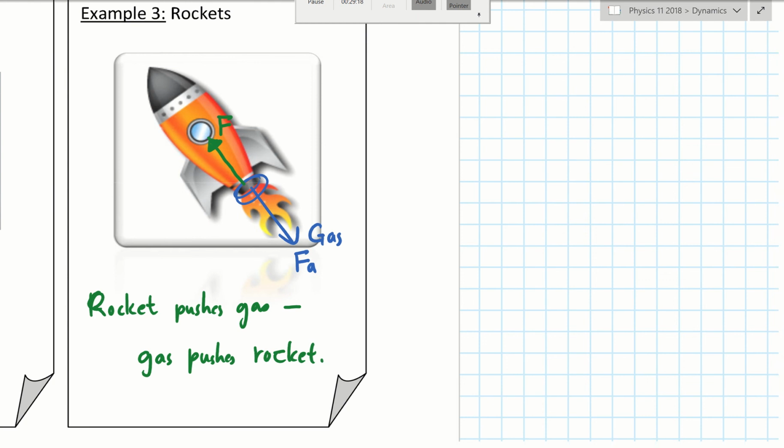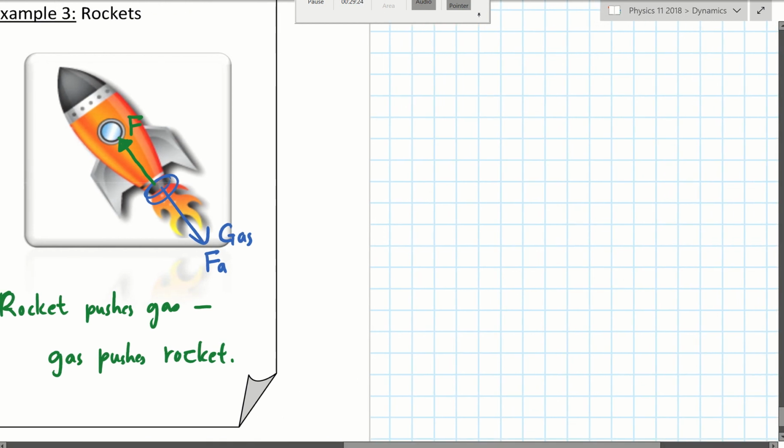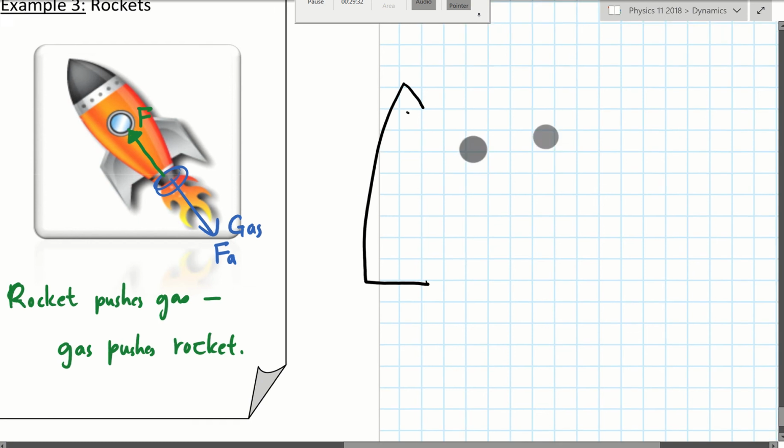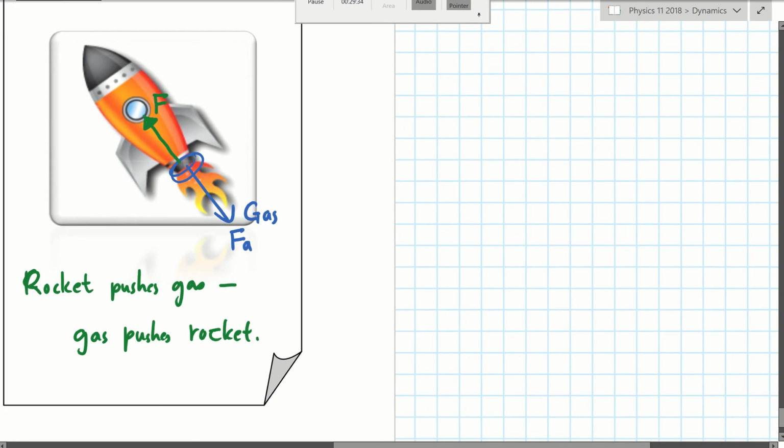For example, in space, let's say you have a rocket and you want to turn right. So think about it. Let's say the rocket is exactly this kind, the one that is in the picture. Oops, I cannot draw a rocket. There you go. Okay, that's good enough. So here's your rocket.